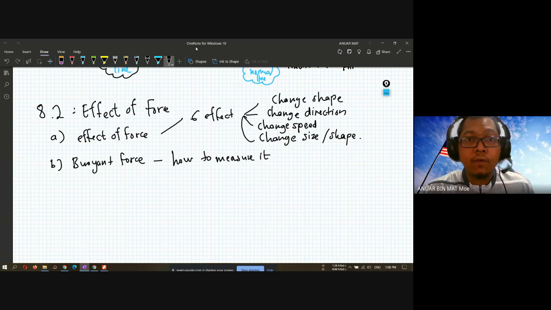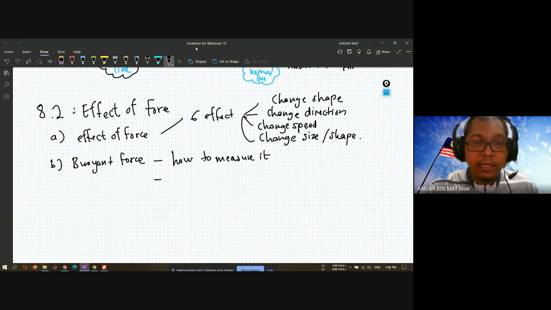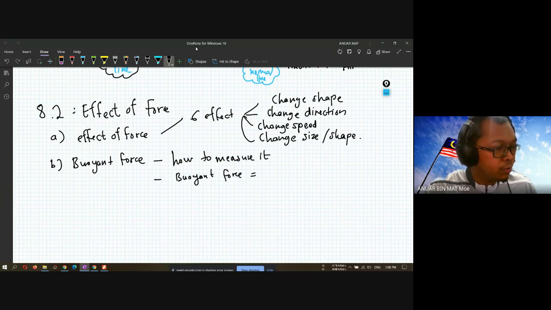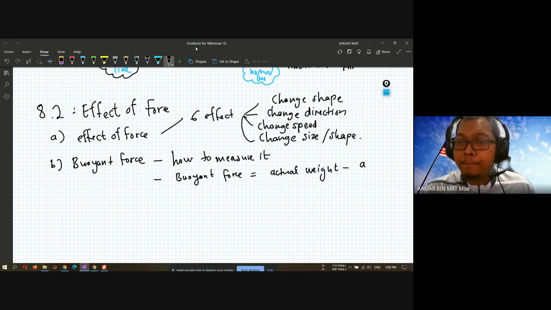You still remember the formula of buoyant force? Buoyant force equal to actual weight minus apparent weight. Do you remember about this?